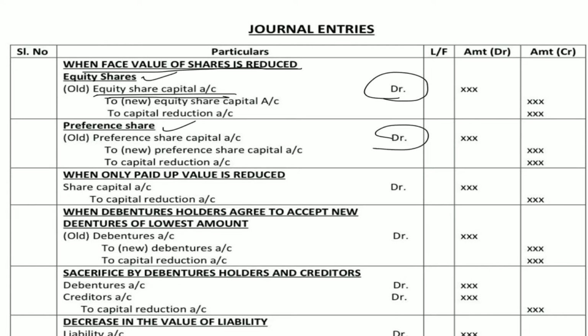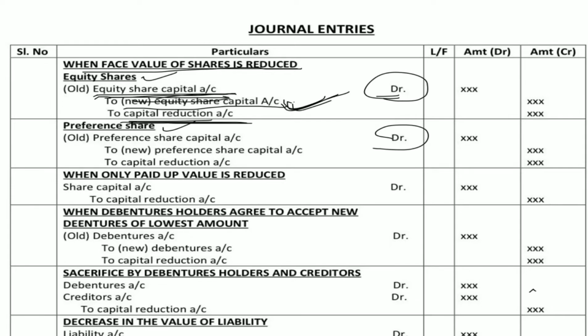So the entry is old equity share capital account debit, to new equity share capital, to capital reduction account. Now why have we credited new equity share capital? Because new capital or liability is created. Now the shareholders lost the amount, but the company gained it.